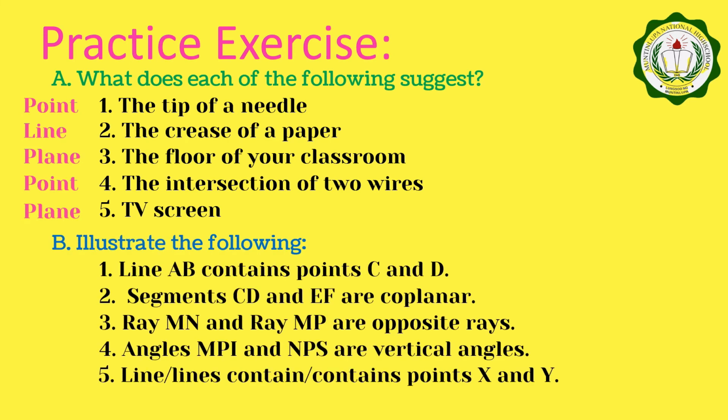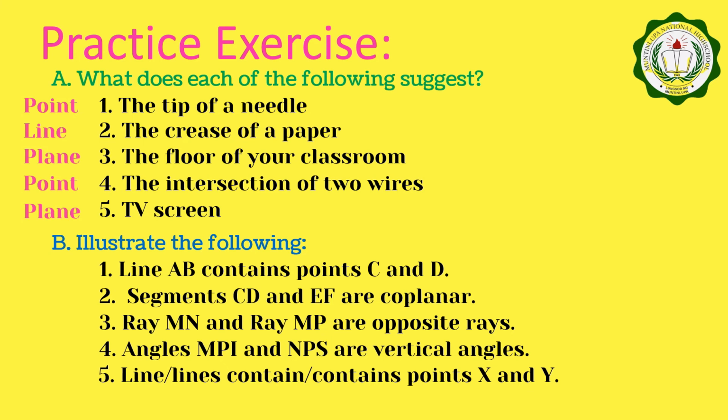Okay, for letter B, illustrate the following. For number 1, line AB contains points C and D. Number 2, segments CD and EF are coplanar. Number 3, ray MN and ray MP are opposite rays.